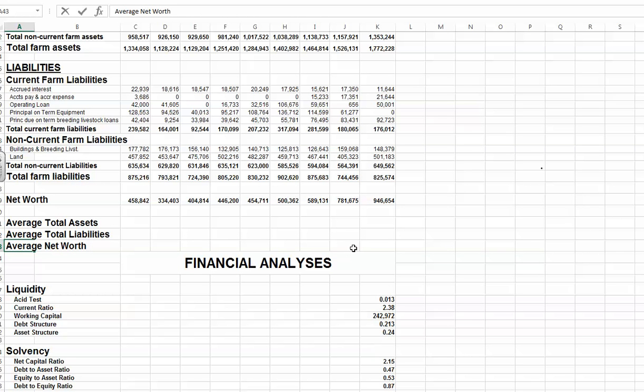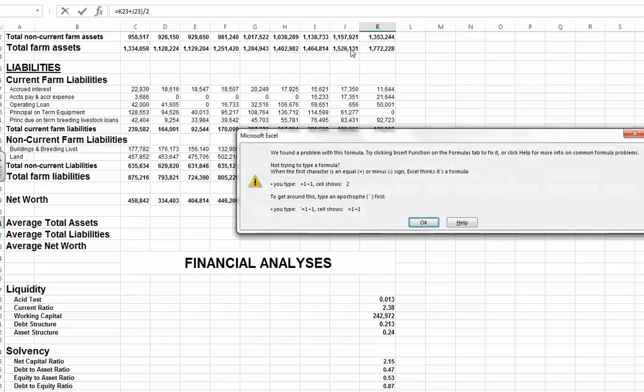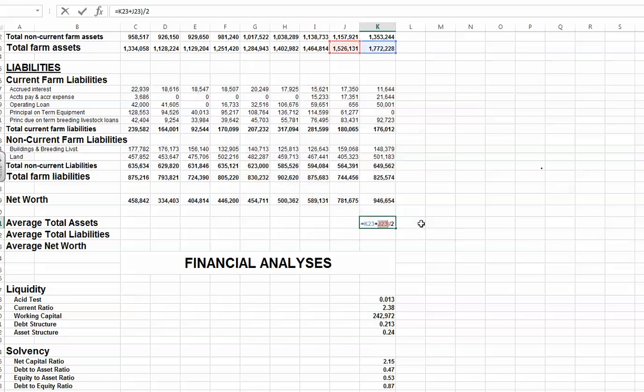Now in each of these cases, like average total assets, just like I indicated, we're going to go equal, and I'm going to go up here to farm assets, take the first year plus the previous year, which is really the beginning and the ending of the year, and divide by 2. Sorry about that, I didn't put enough parentheses in.